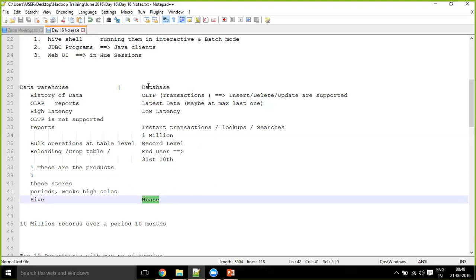So to satisfy instant responses and OLAP transactions, and to maintain only the latest copies of the data, we use HBase for that. You'll get lots of questions, and you need to transition your thoughts towards this in the next sessions.